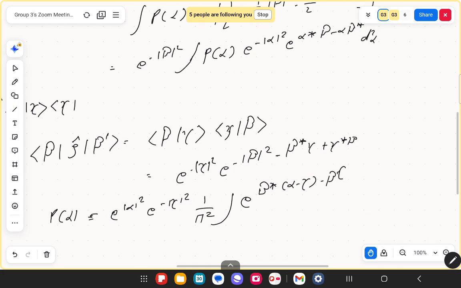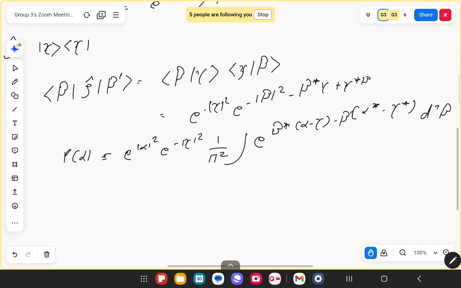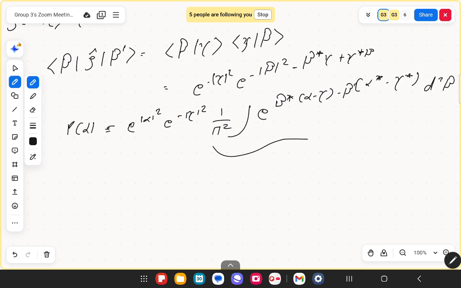The integral is just a two-dimensional Dirac delta function. So we can say that P(alpha) is equal to delta square of alpha minus gamma.